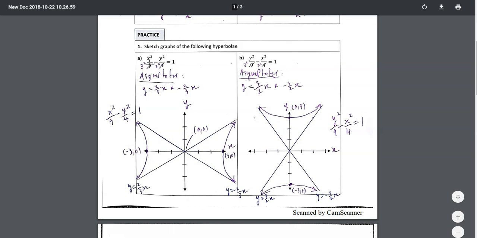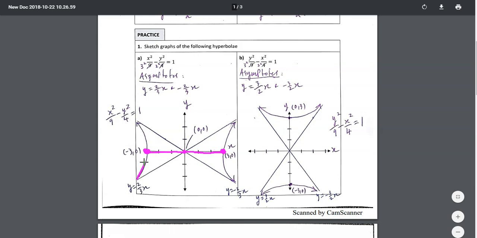All right, so for this case, when our x squared term is our first term, we look underneath the x. What is the number that we have squared? 3. So we go to the intersection of our two asymptotes, and 3 tells us how far we have to go to the right to get one focus point and how far we have to go to the left to get another focus point. 3 steps. And then you just have to say to yourself, well, I know generally what these things look like, and I'm going to have to intersect this point here, and I have to approach these asymptotes forever.